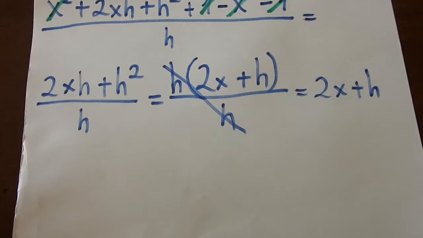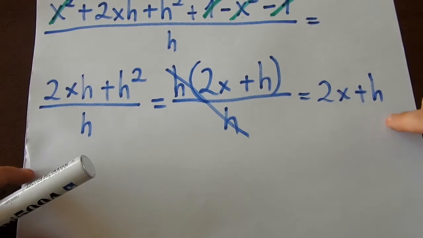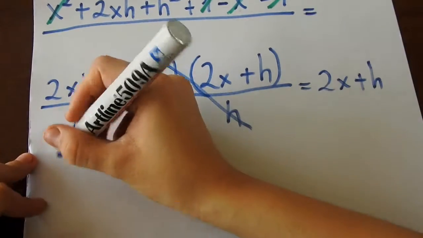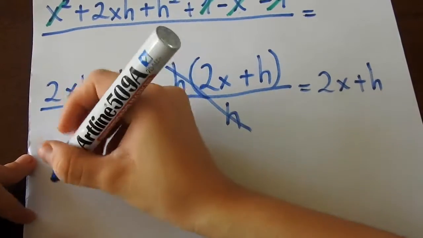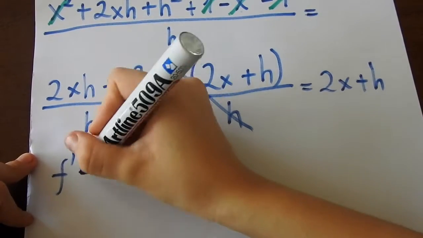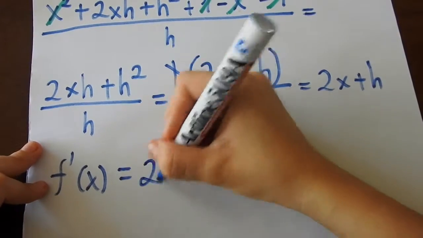Since we know that we are using limits and that h is tending to 0, h's value becomes 0, and we are left with 2x only. So f prime x would be 2x.